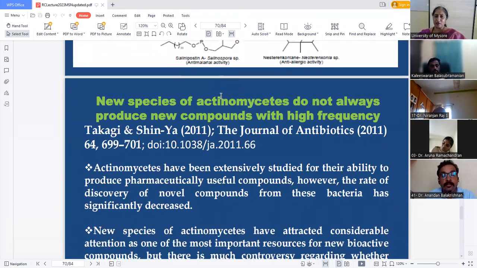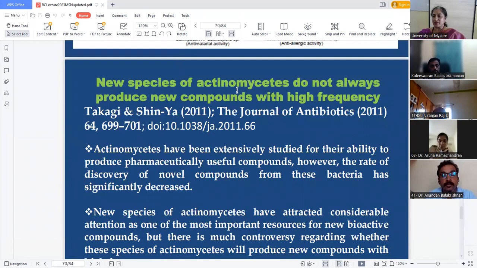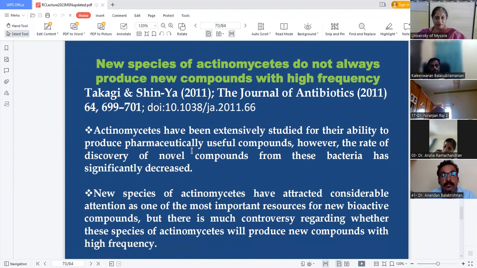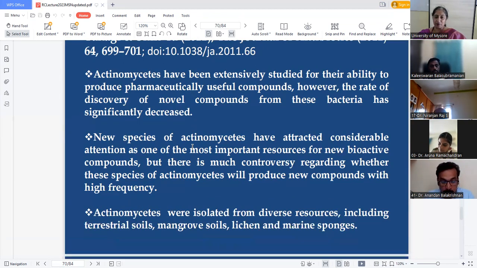Now, there is a saying always, new species of actinomycetes do not always produce new compounds with high frequency. This has been published in the Journal of Antibiotics by Japanese workers, Takagi and Shinya in 2011. Now, we know that the actinomycetes are an immense source of bioactive compounds, but the rate of discovery has decreased in the upcoming years.